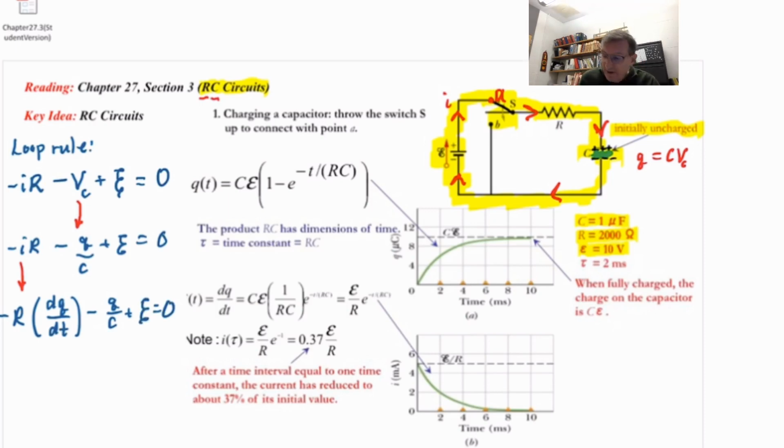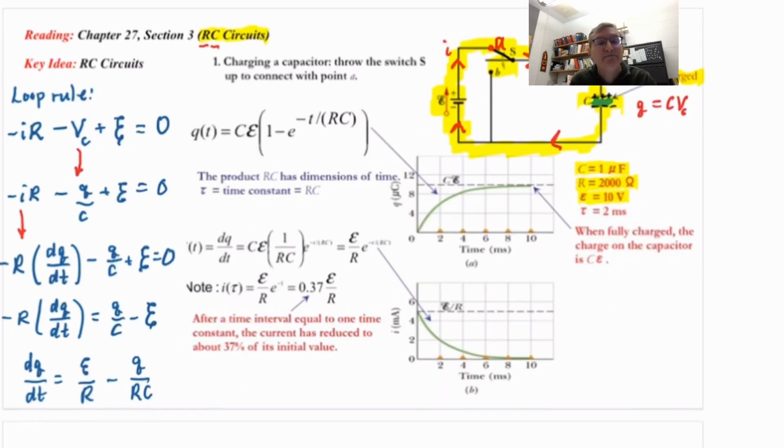And I will just rearrange this a little bit and get the dQ/dt part by itself. So minus R times dQ/dt equals Q over C minus EMF, or dQ/dt equals E over R minus Q over RC.